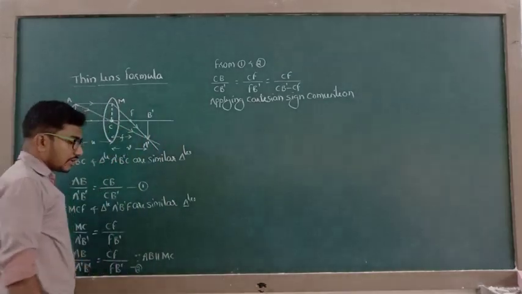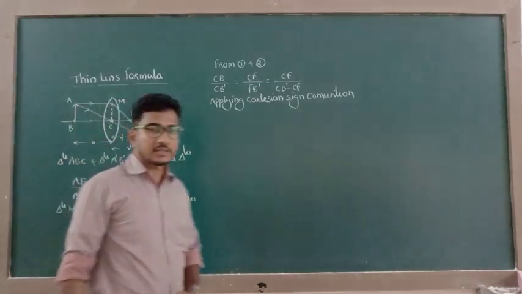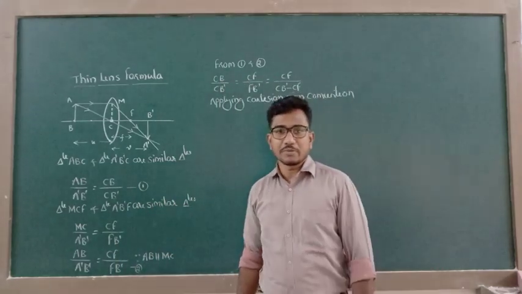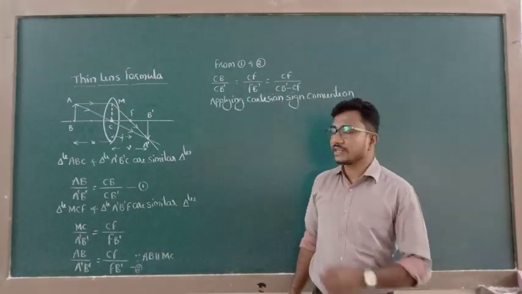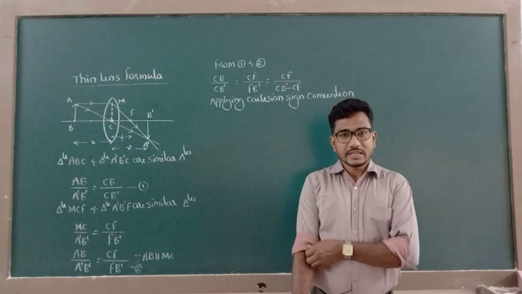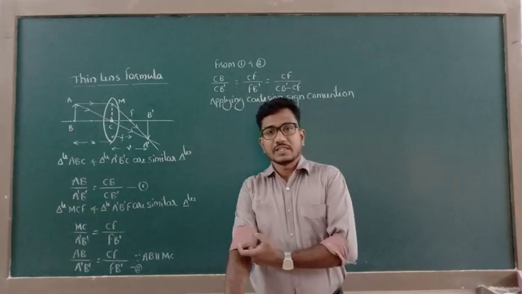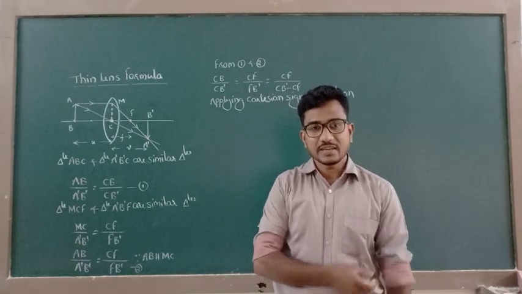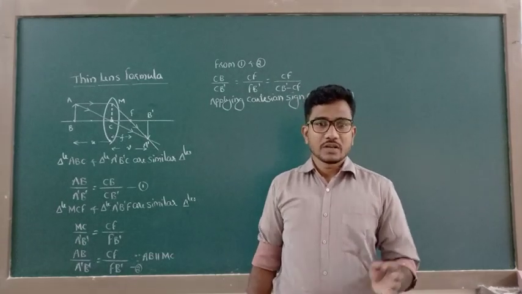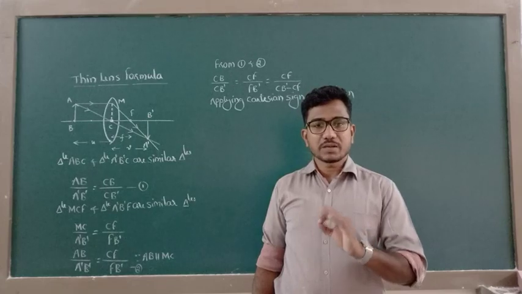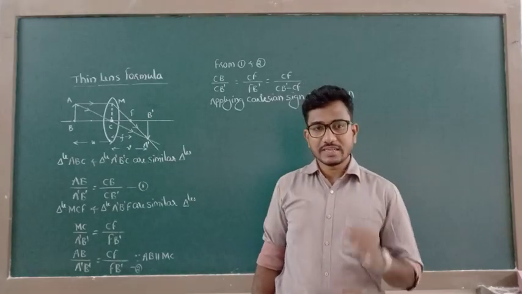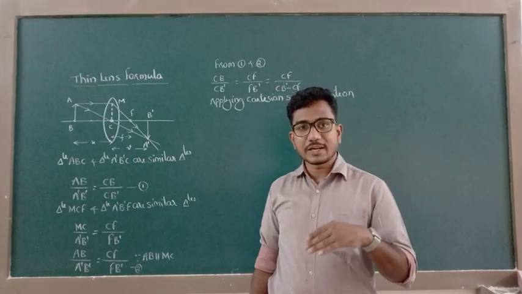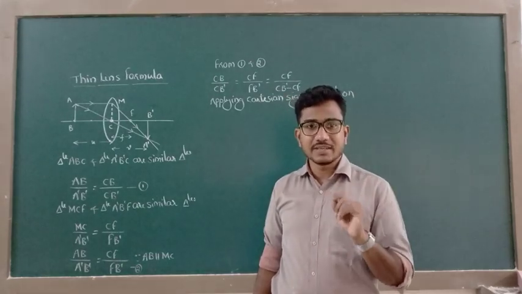According to the Cartesian sign convention, all distances measured from the optical center along the principal axis, if measured in the direction of incident light, are taken as positive, and if measured in the direction opposite to incident light, are taken as negative. Upward distances measured perpendicular to the principal axis are taken as positive, and downward distances measured perpendicular to the principal axis are taken as negative.